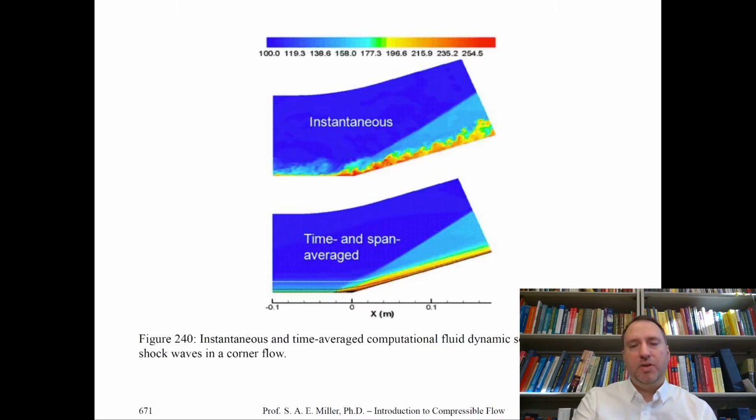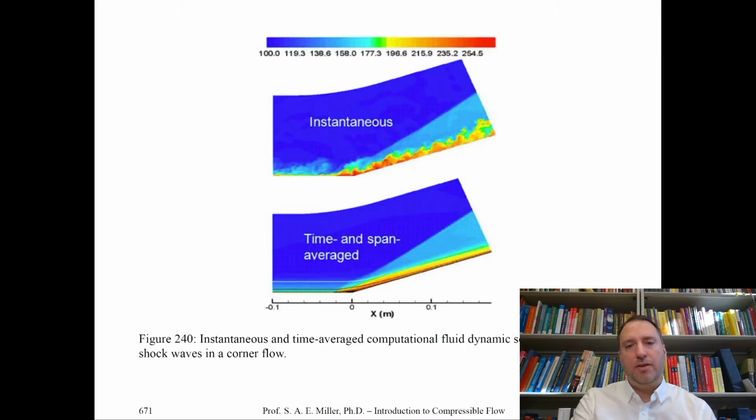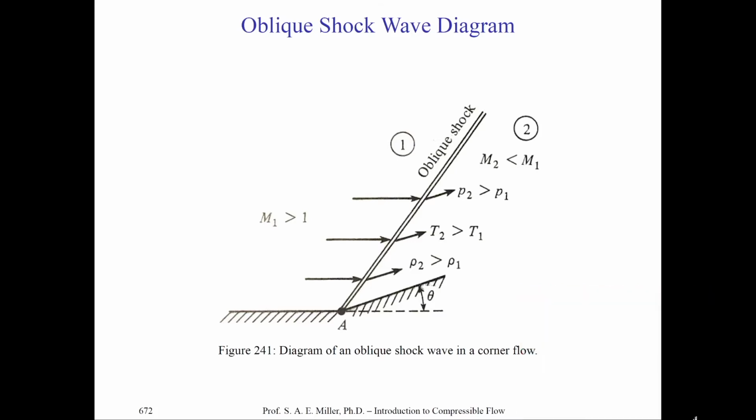So looking at this previous picture in the bottom figure and figure 241, I've drawn the wall, its turning angle, and the position of the oblique shock. Just like before, we'll have a supersonic flow coming in from left to right, and it goes through a shock wave, and we go from state 1, the supersonic flow, to state 2.